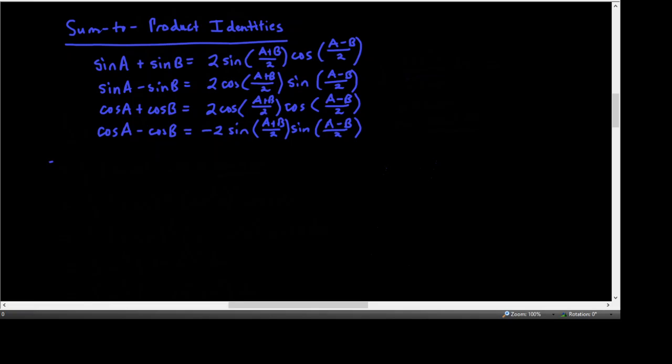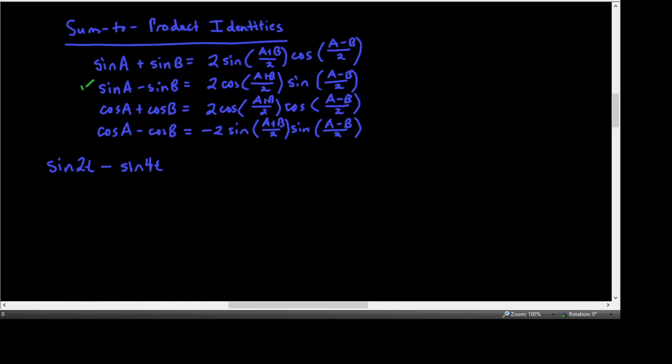Write sine of 2t minus sine of 4t as a product of two functions. So looking at those four, which one of those is our best candidate? Well, it's the one where we have sine of something minus sine of something. That's the second one.